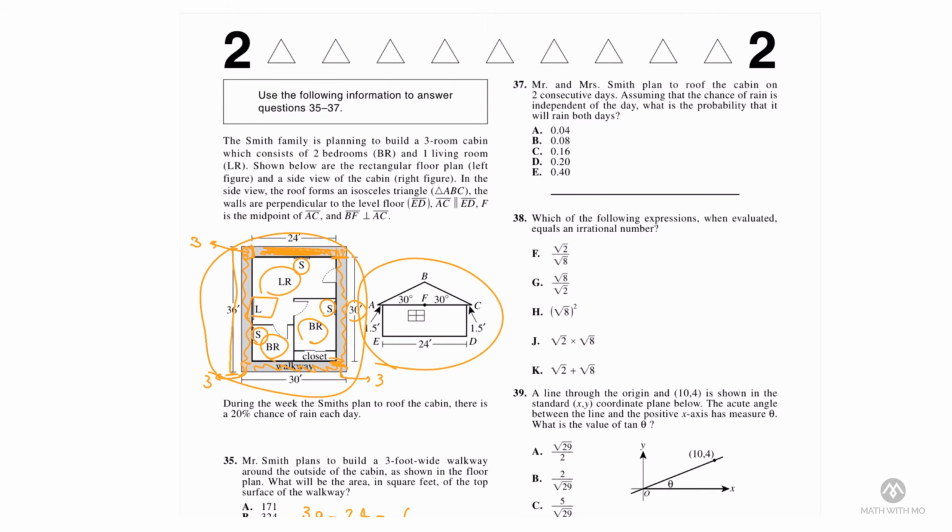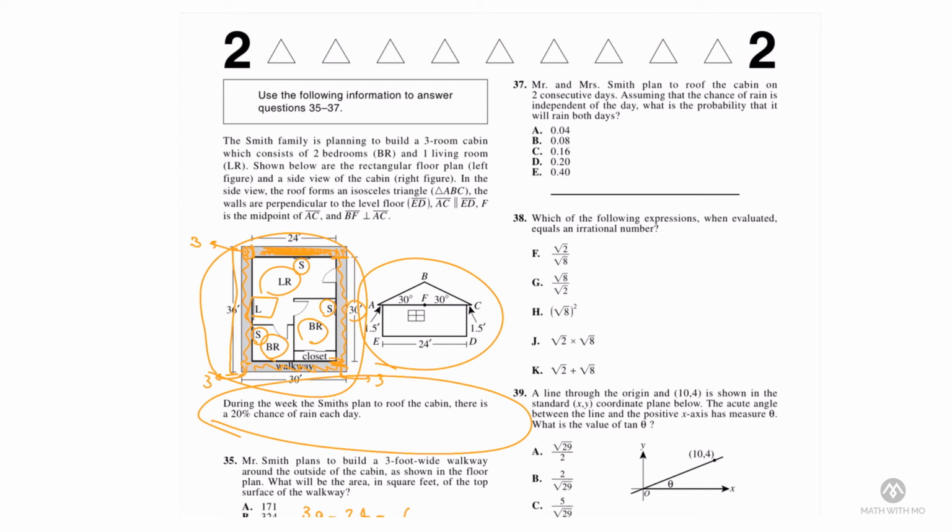Mr. and Mrs. Smith plan to roof the cabin on 2 consecutive days, assuming that the chance of rain is independent on the day. What is the probability that it will rain both days? So the probability of the rain came here, right? So that's the information you need. During the week, the Smiths plan to roof the cabin. There is a 20% chance of rain each day.